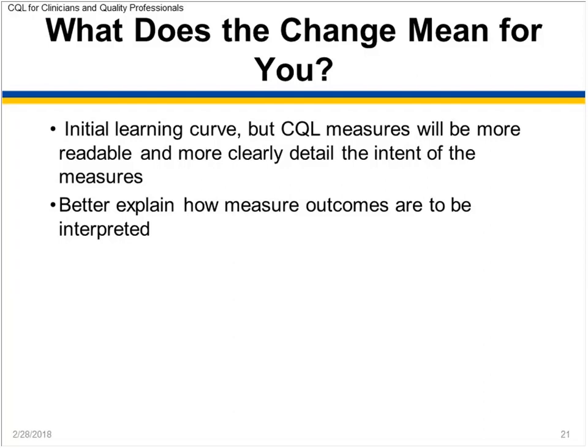They are more direct, they're more mathematical, and clearly detail the intent of the measures. They also better explain how the measure outcomes are to be interpreted. So to the human eye, they can be read more clearly and more easily. Next slide.